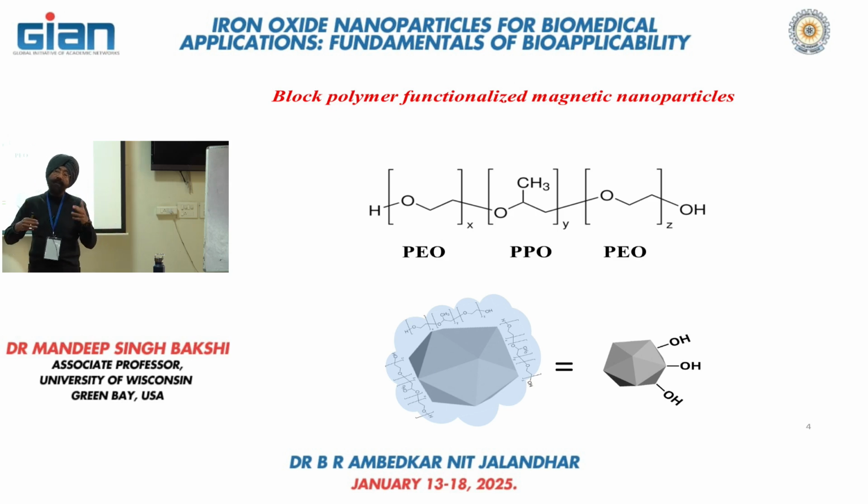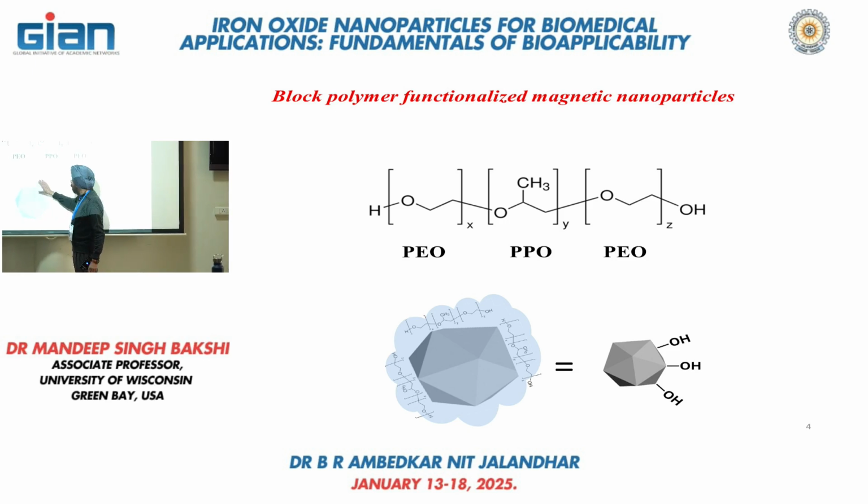So they are the functional magnetic nanoparticles. If somebody asks you what is the meaning of functional magnetic nanoparticle, functionalization is to put a certain kind of functional group on the surface of the magnetic nanoparticle. That could be an amino acid, a colloidal amphiphilic molecule, or any polymer. So that is the functionalization.